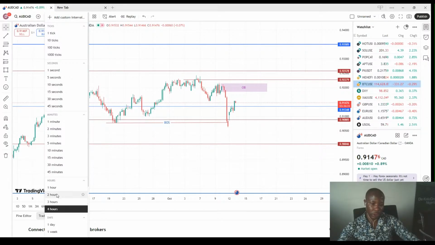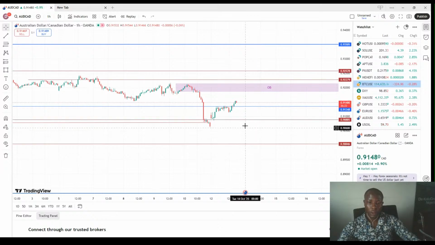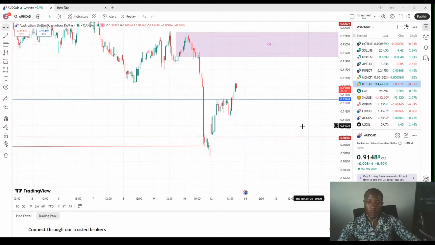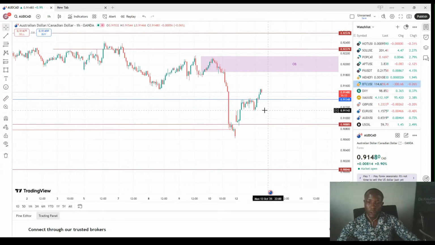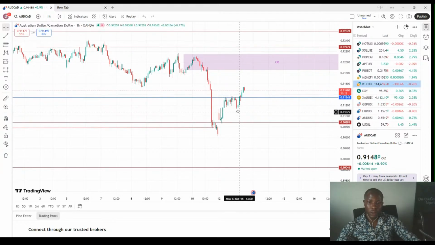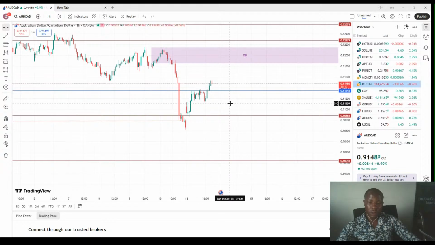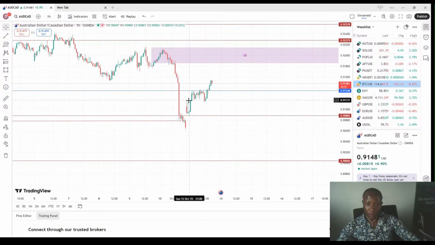So let's check 1 hour. It's also the last thing that happened on 1 hour. So we can actually read these breaks of structure, but I'm looking at this as, okay, it's close below it, so it should be a good support.